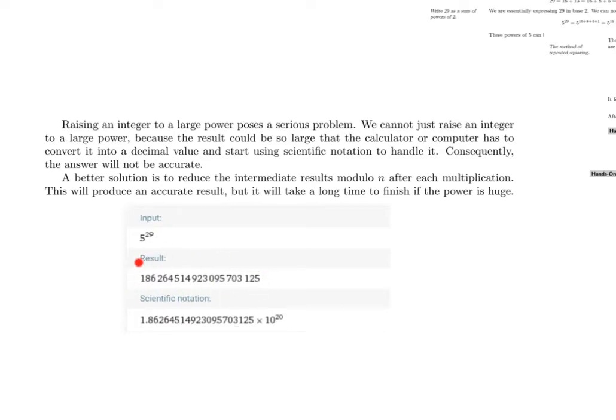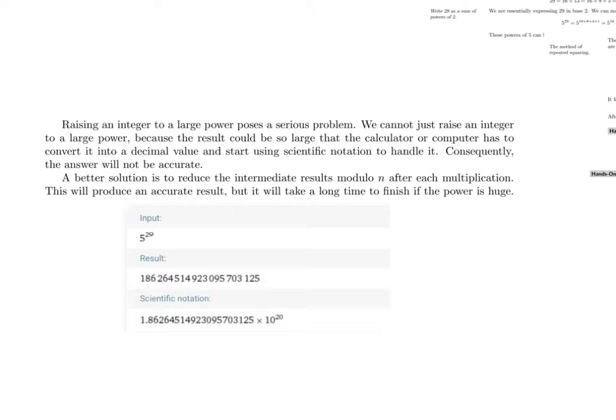Like if you wanted to find out what's the residue of this mod 7 or mod 9 or mod 11 or something like that, and you worked with this number, that would be kind of a pain. And most calculators won't take things this far, to this many digits. So what we want to do is reduce modulo n as we go.